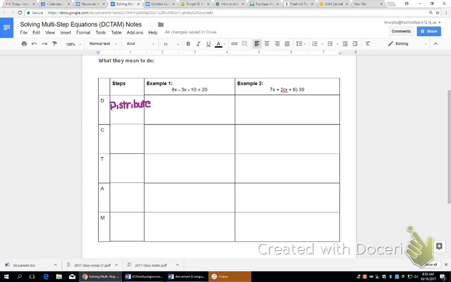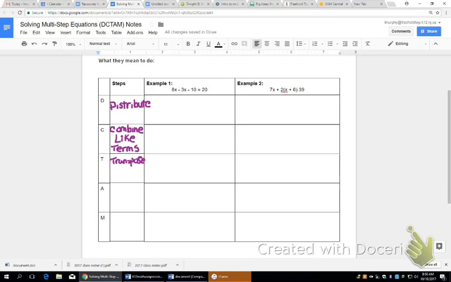The C tells us to combine like terms. The T tells us to transpose. And we'll talk about what that means.